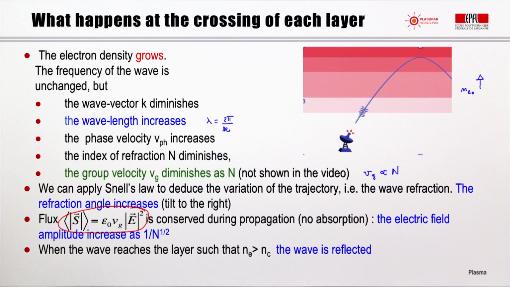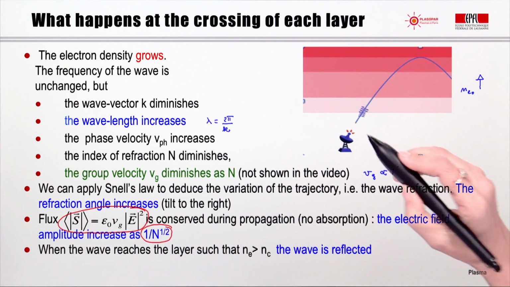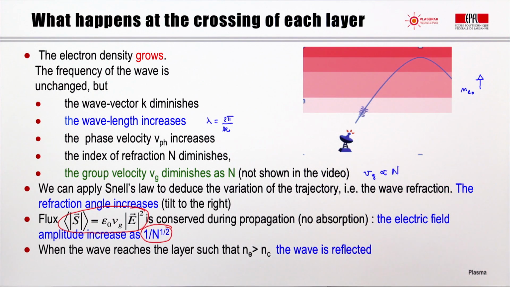And since this quantity is constant, given that the group velocity goes with the index of refraction, it means that the electric field will increase as 1 over the index of refraction to the 1/2. And again, you see this in the video where the amplitude of the electric field increases. Finally, when the wave reaches the layer such that the density is above the critical density, the wave is reflected, and the reverse trajectory is done by the wave.